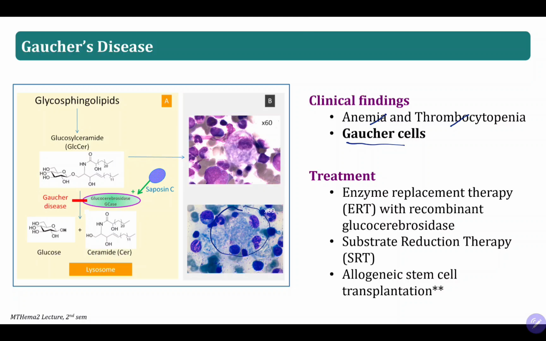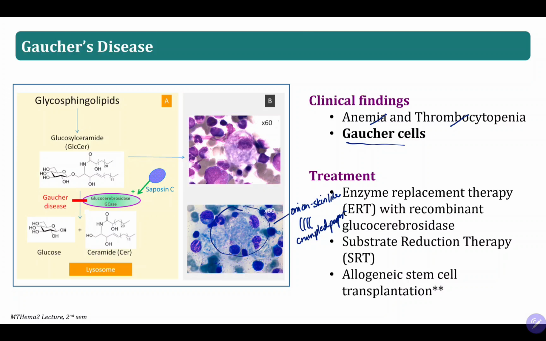That's why sometimes these macrophages are described as onion skin-like. Nakakita na kayo ng onion skin. Yan, yung mga pag-ganon-ganon. Okay? Or crumpled paper appearance. Okay? These usually stain positive with trichrome, aldehyde fuchsin, periodic acid Schiff, and acid phosphatase.